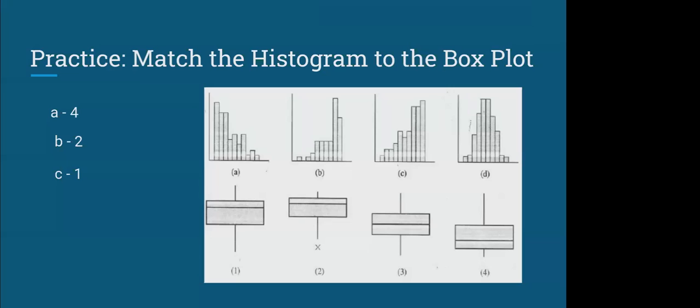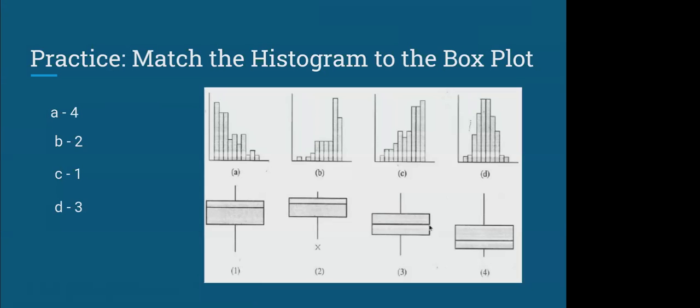D, left skew, right skew, symmetric. Symmetric, absolutely. So if we split this straight down the middle, left side looks just like right side. So in our box plot, top should look like bottom. We see the whiskers are the same length, and the median clearly splits the box in half.